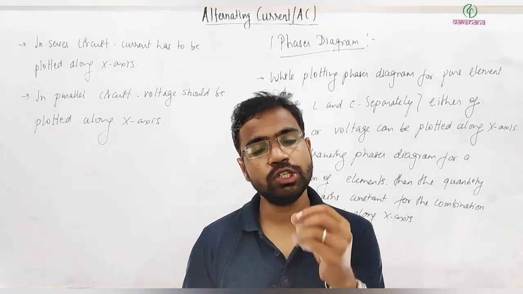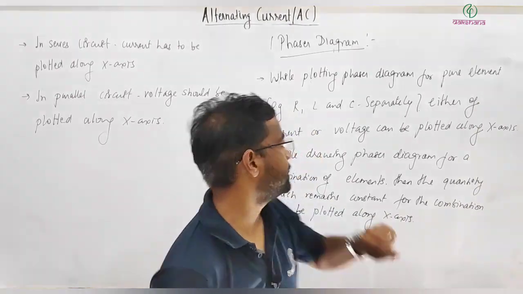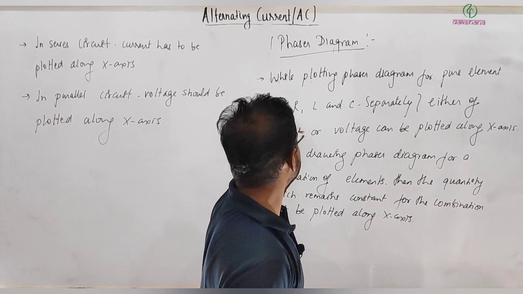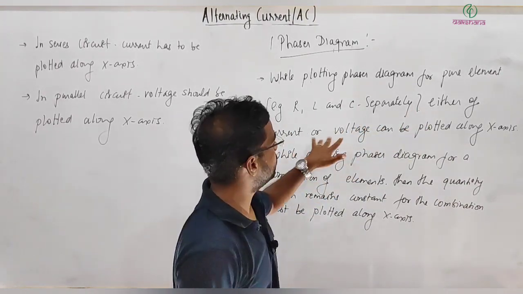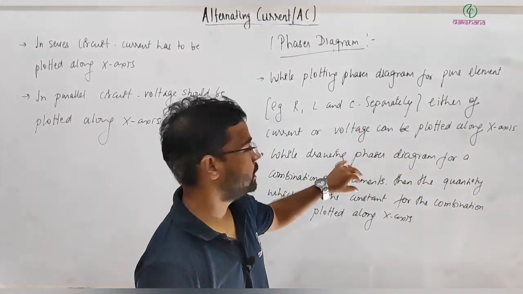In that case, you can draw either the alternating current or voltage on the x-axis. That is your first point. While plotting the phasor diagram for a pure element, that is R, L and C separately, either current or voltage can be plotted along the x-axis. No issue in that case.